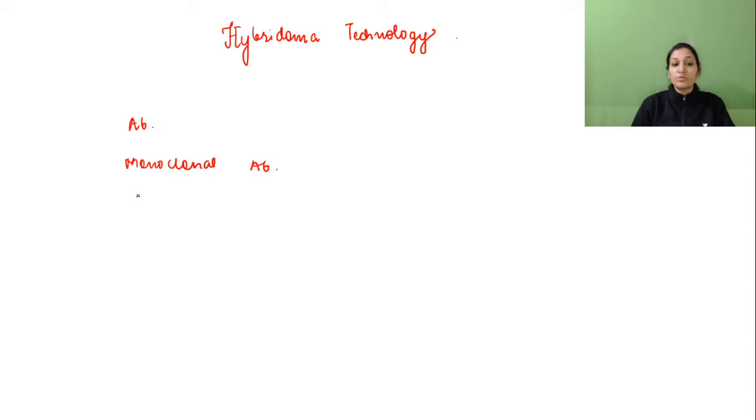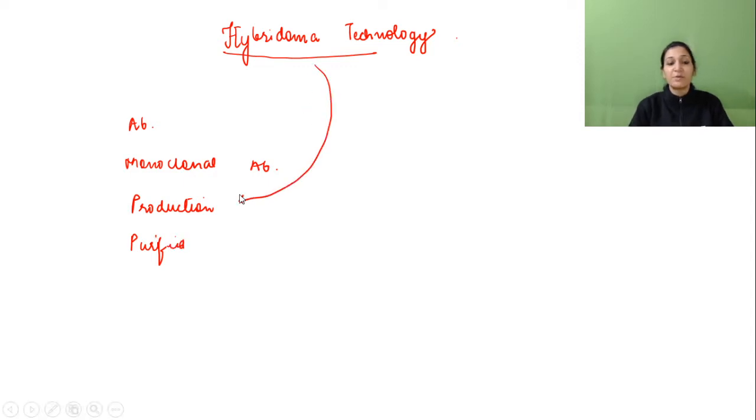Then we need to use this hybridoma technology for the production of monoclonal antibodies, and finally, after production, they need to be purified. So hybridoma technology is basically a technology by which monoclonal antibodies are produced.